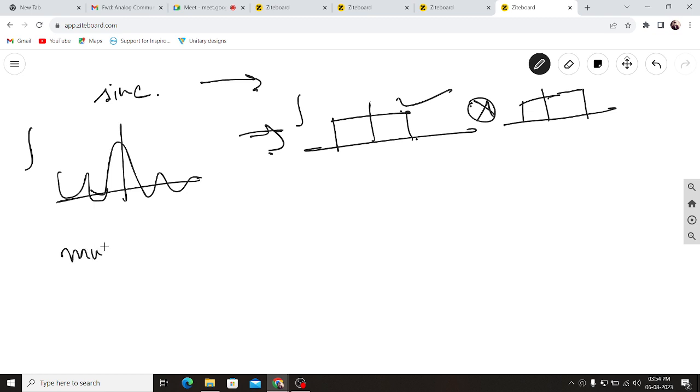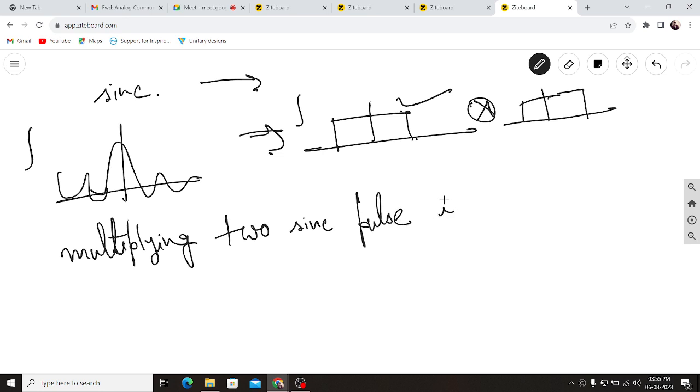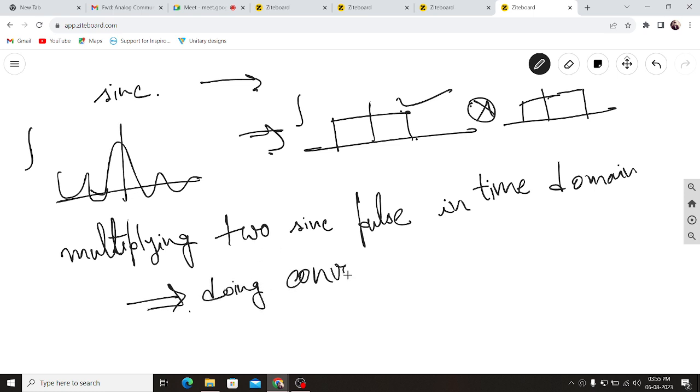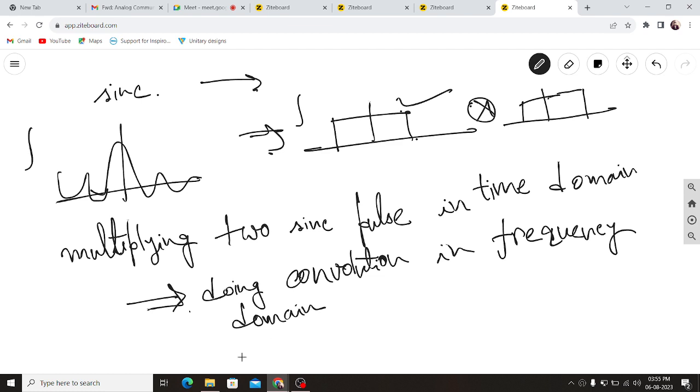So multiplying in the time domain is equivalent to doing convolution in the frequency domain, and vice versa.